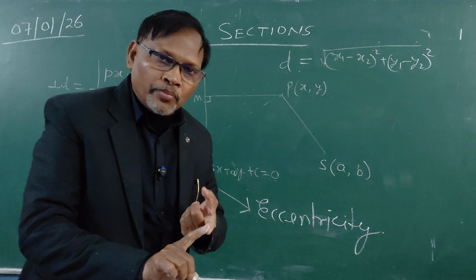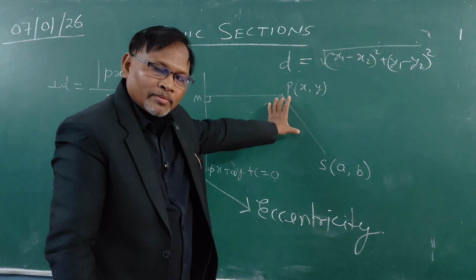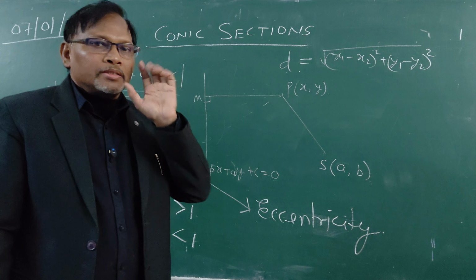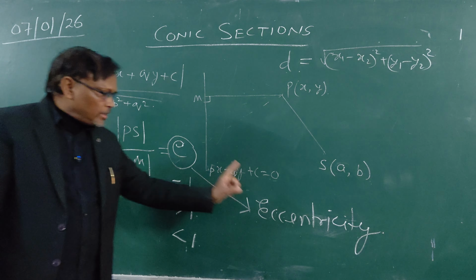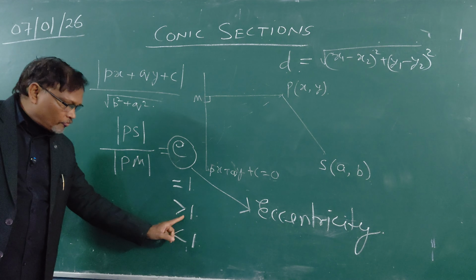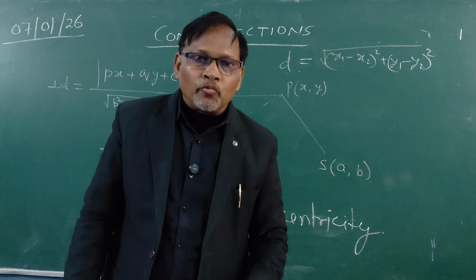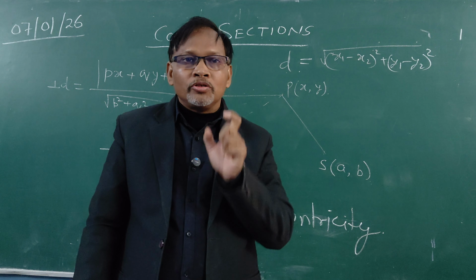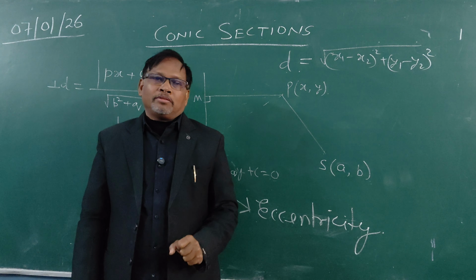Eccentricity is the ratio between the two distances, which I just told you about. So PS upon PM is equal to small e. E is known as eccentricity. E may be 1, less than 1, or greater than 1. If it is equal to 1, then you will say this section is the parabola.